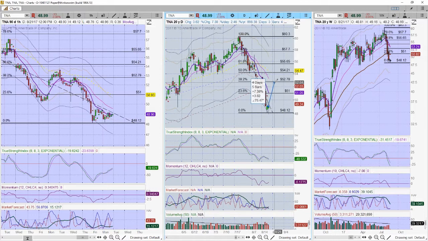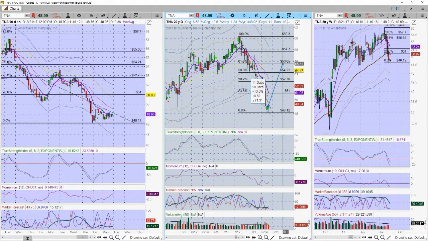Well, 38.2 is a 7.67% move from today's close. 50% at 10.62. If by chance it makes it all the way up to the 61.8 retracement, that'd be about a 13% move.